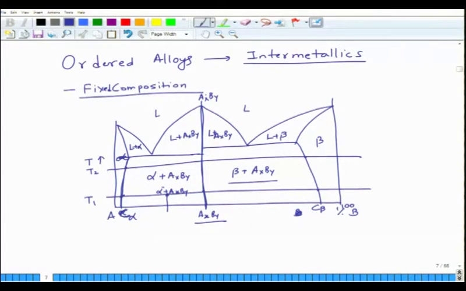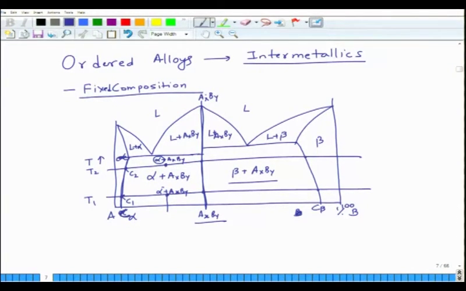If you keep the composition fixed and go to this temperature, again you have alpha plus AXBY, but the composition of alpha has changed. So at this temperature alpha had a composition of C1, at this temperature alpha has a composition of C2, but AXBY has the same composition all throughout.